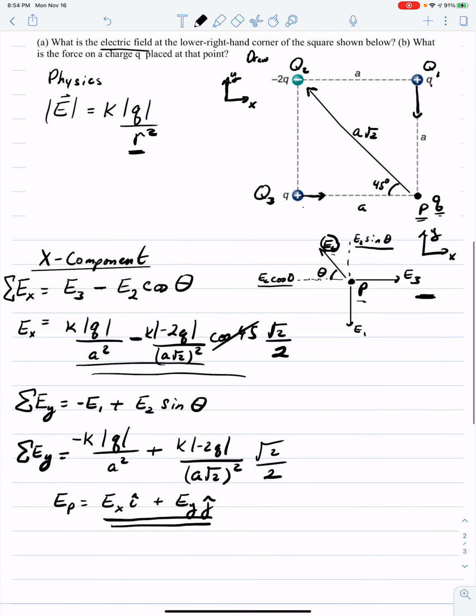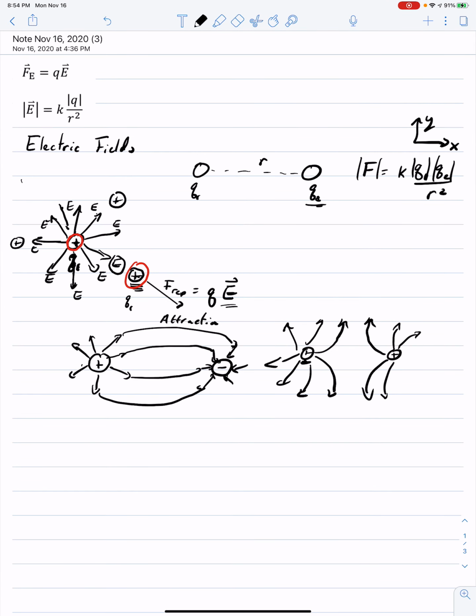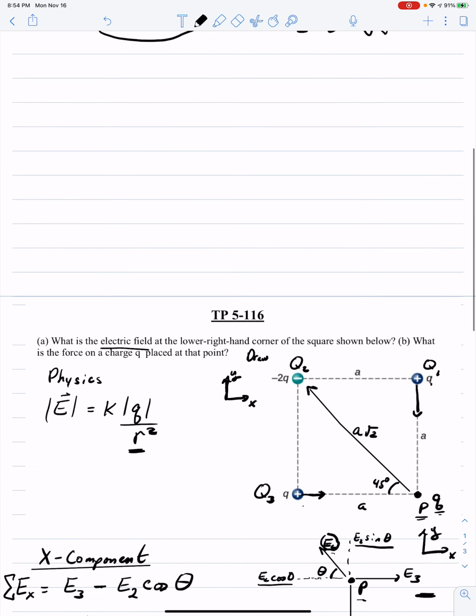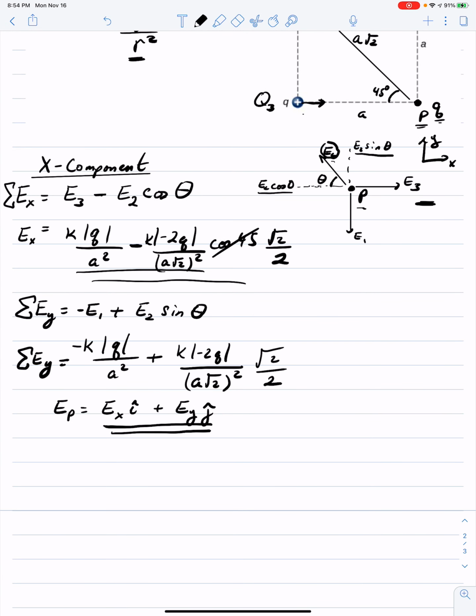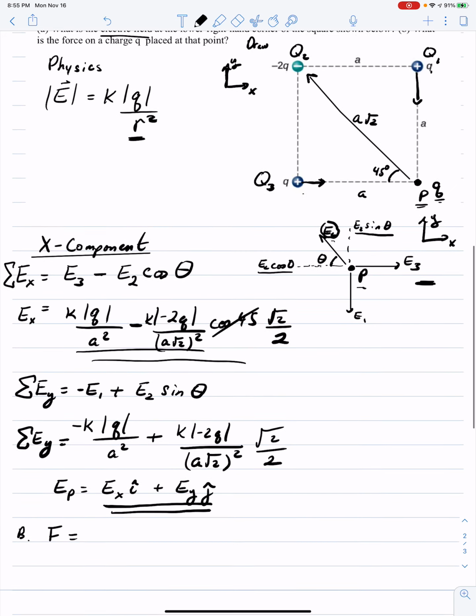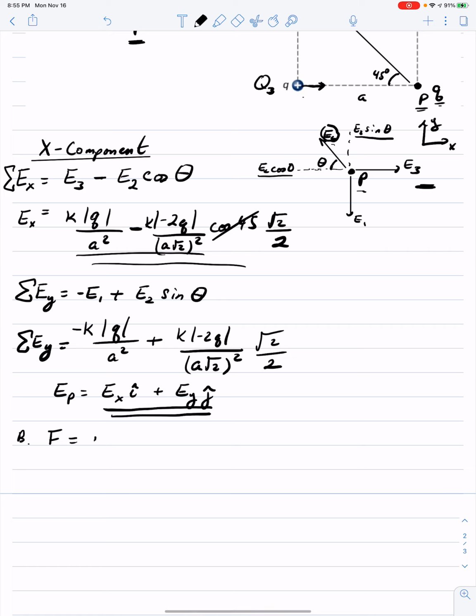So you can go back to your original equations where force is equal to the charge times the electric field experienced at that location, and you can go as force, this is point P, is equal to Q, which is the charge, times the electric field experienced at point P, and let me just put the hat because this is a vector, in order for you to solve for the force.